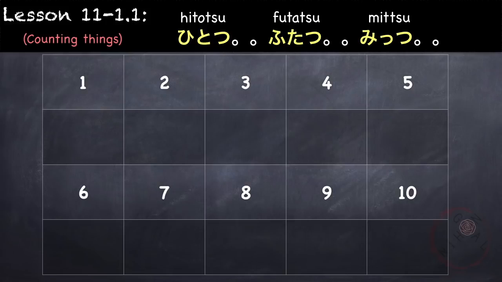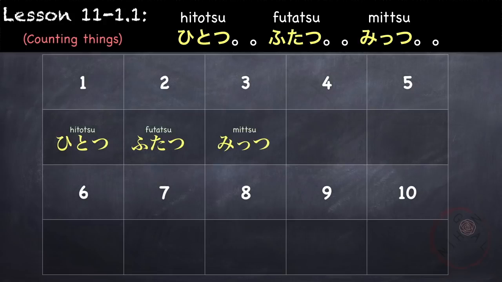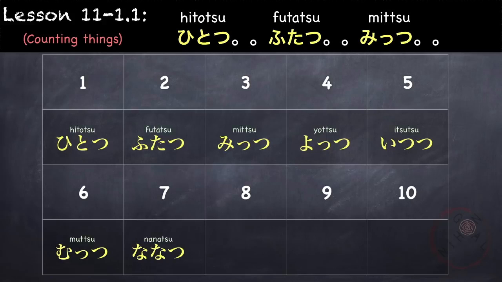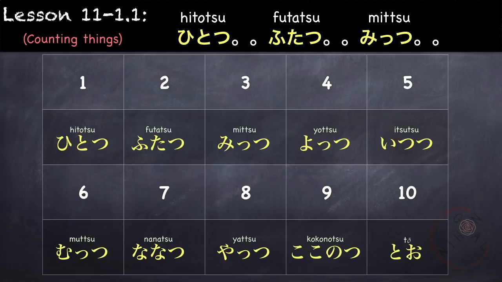They have different words for counting things. 1 is 1つ, 2 is 2つ, 3 is 3つ, 4 is 4つ, 5 is 5つ, 6 is 6つ, 7 is 7つ, 8 is 8つ, 9 is 9つ, 10 is 10.